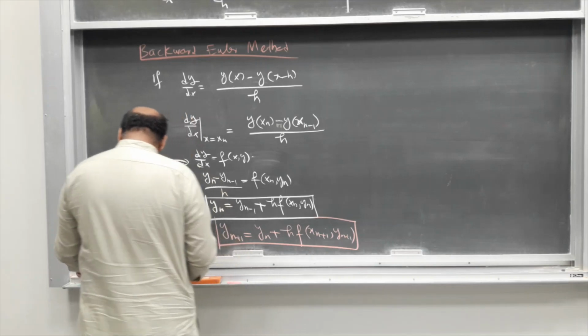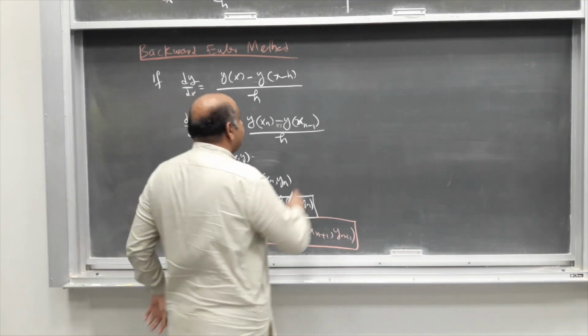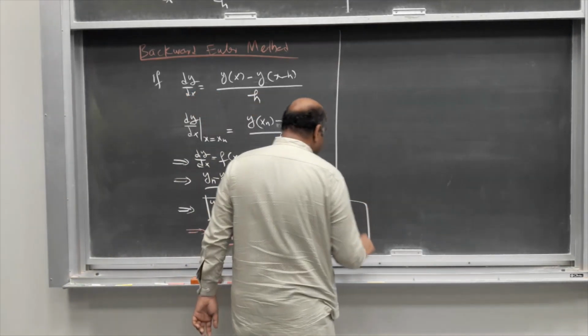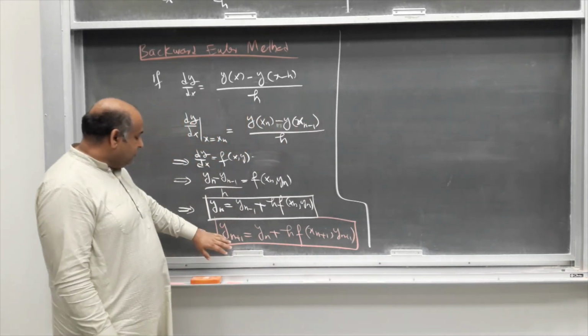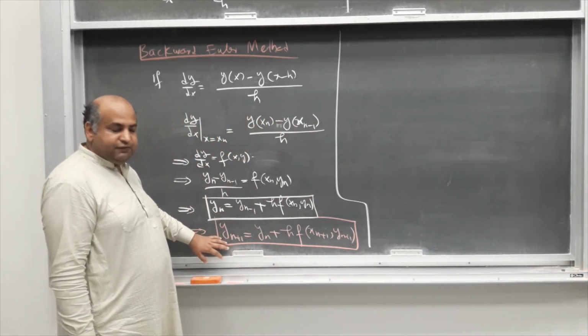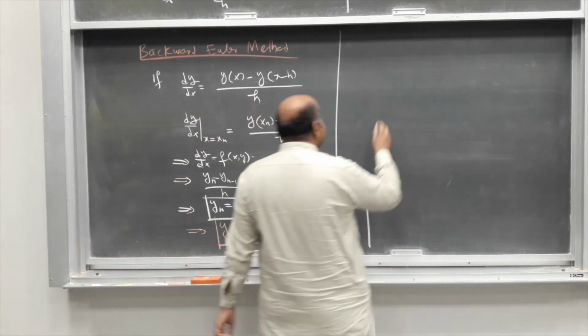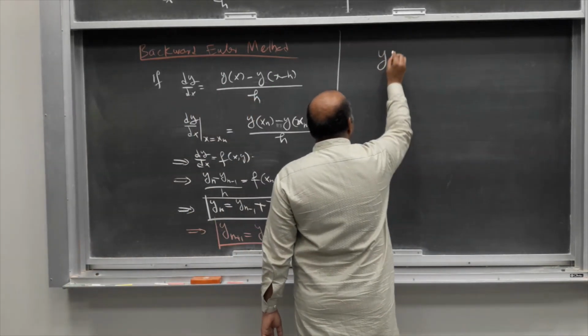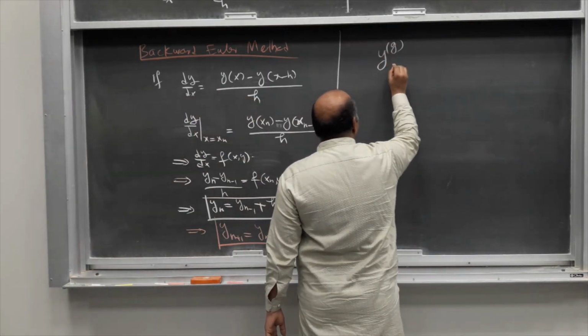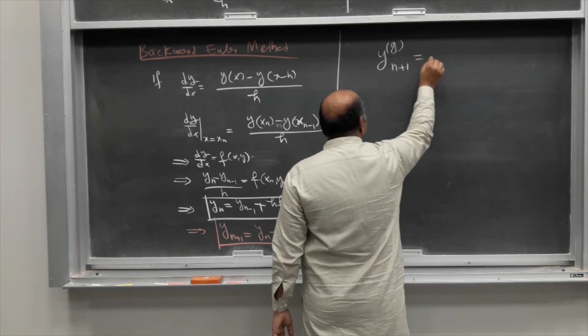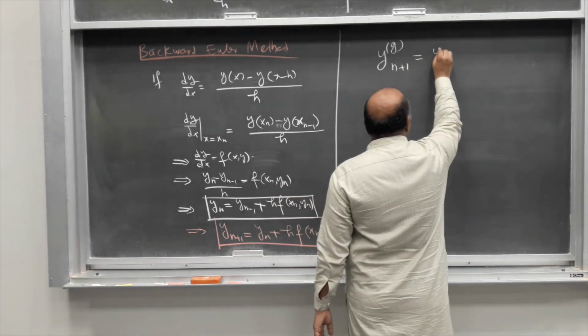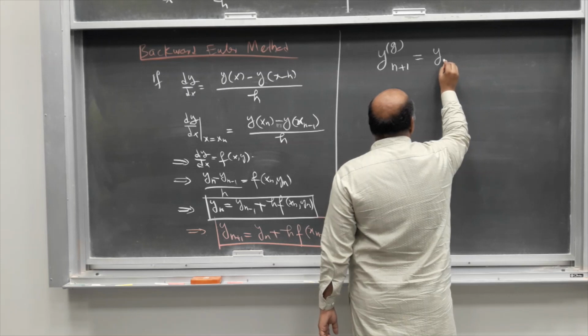So one choice for that simple method is actually just the forward Euler method itself. At each point, we first compute a guess value of yn plus 1 using the Euler method.